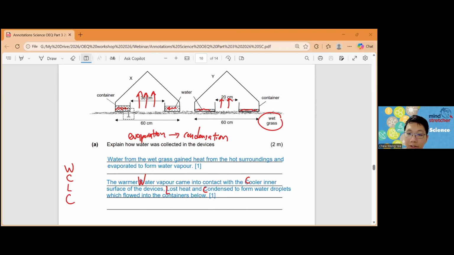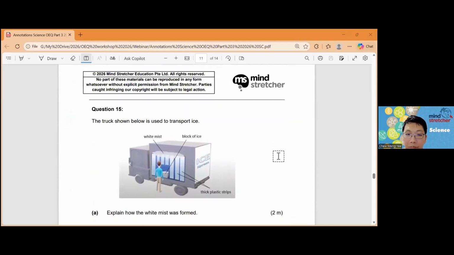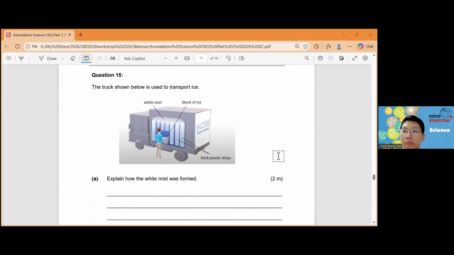Alright, so let's talk about the next question. I think a lot of you understand what I'm saying, yeah? Good. So when you see such a question and you try to write your answer for condensation, before you even write, try to identify what is the warmer surface and what is the cooler surface. This is a truck that transports ice.